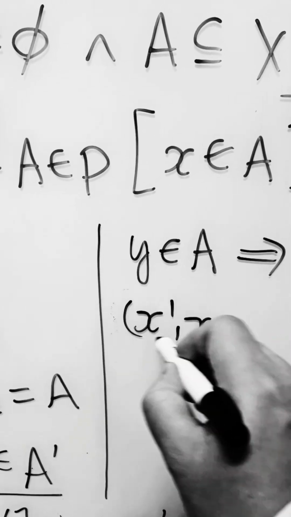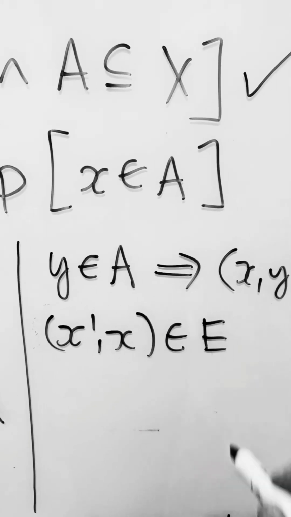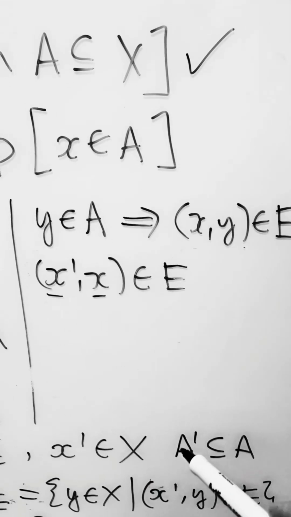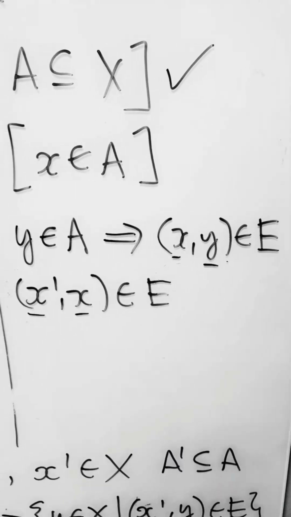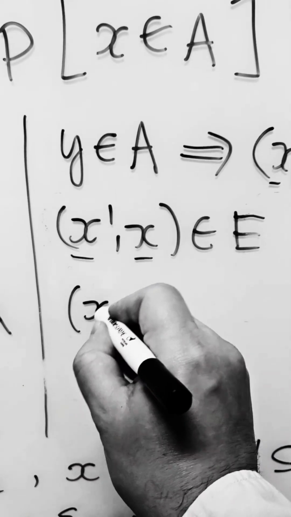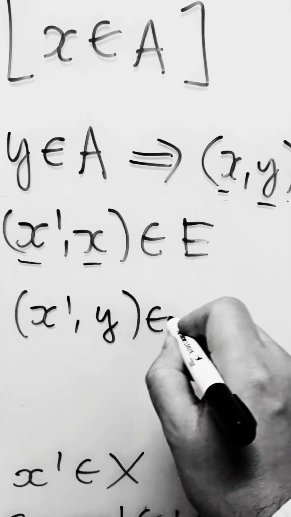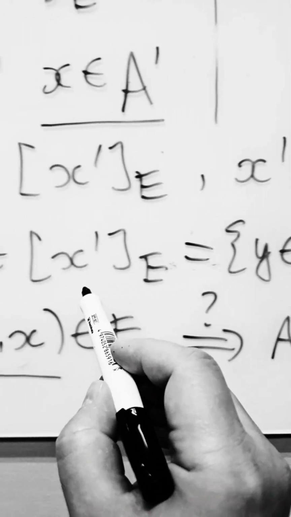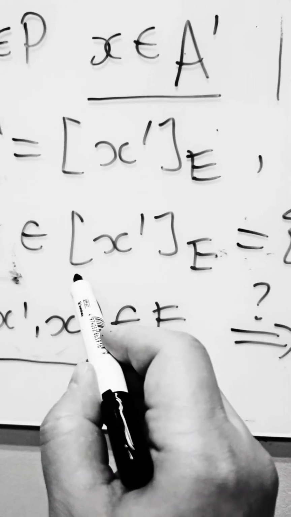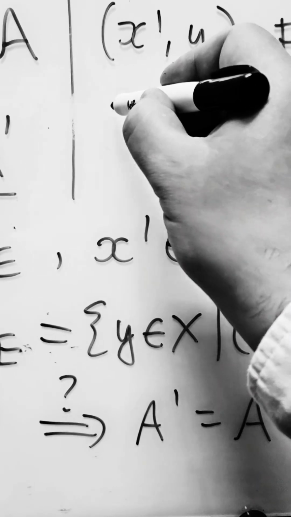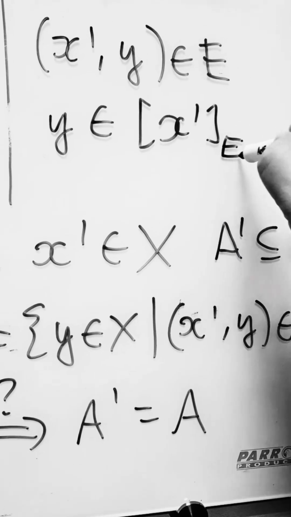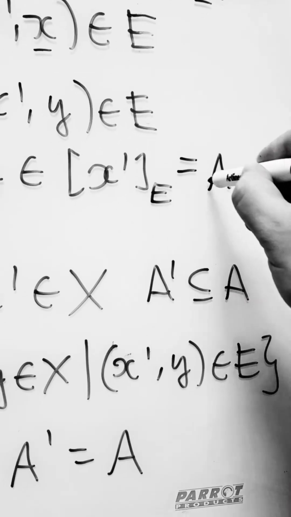X prime x is in E as well. By transitivity, x prime being related to x and then x being related to y, we can conclude that x prime y is in E. That is exactly the condition according to which the equivalence class of x prime is formed. So then y must be an element of the equivalence class of x prime, which is exactly our A prime.